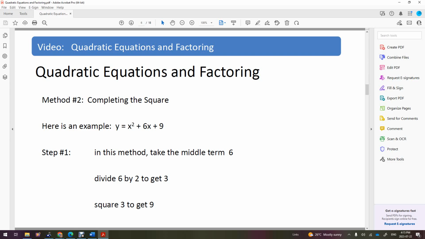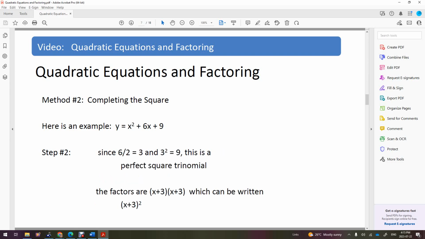So this is called a perfect square trinomial, tri meaning 3, nomials meaning terms. Since 6 divided by 2 is 3, and 3 squared is 9, we know the factors are x plus 3 and x plus 3, and we can write them in the form x plus 3 squared.